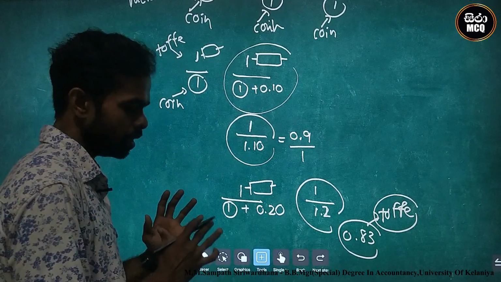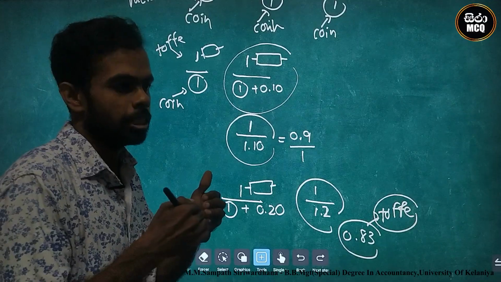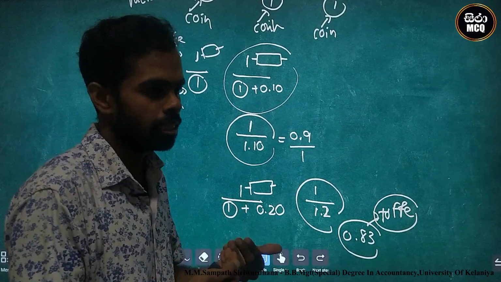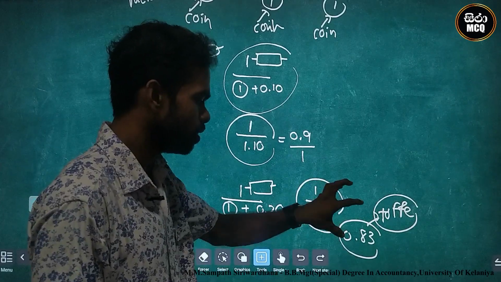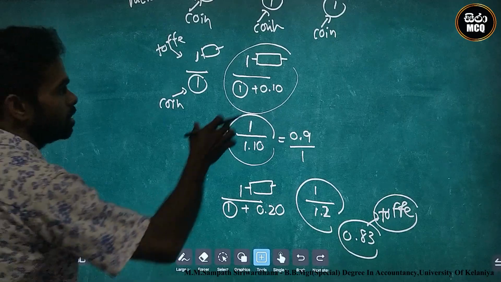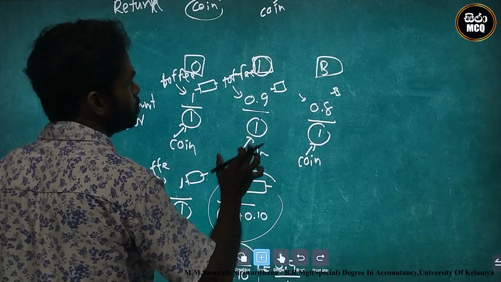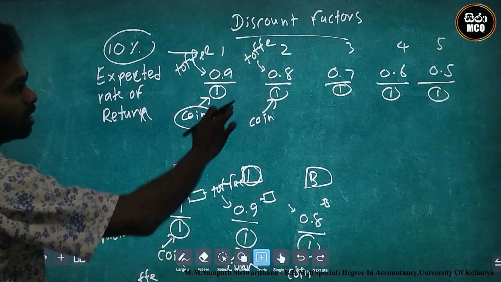Therefore, the expected rate of return is increasing. Expected rate of return means interest rate. Interest rate is increasing, so the discount factors are decreasing.